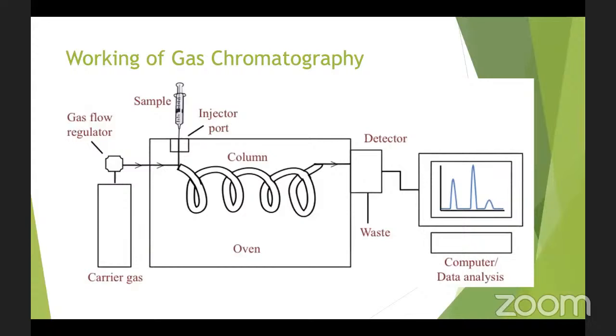Basically, here you are getting all the components separated, so gas chromatography you can use for identification. But if you want to separate and use the components, you will have to use high performance liquid chromatography or fast protein liquid chromatography, depending upon what kind of component you want to isolate.